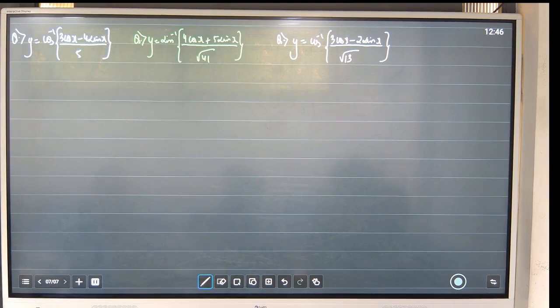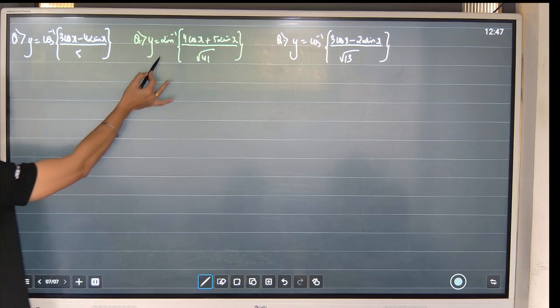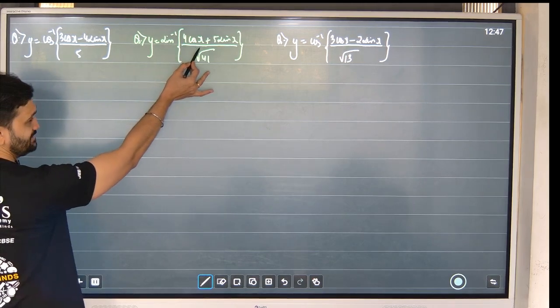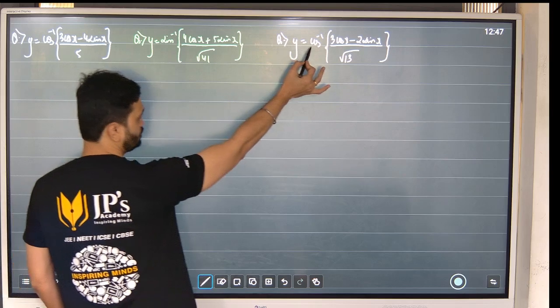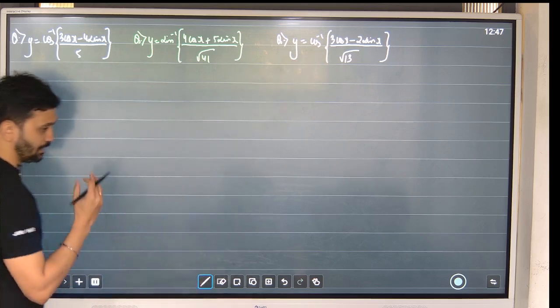So, you're going to take a decision depending on which inverse trigonometric term is outside. If cos inverse is outside, try to make the bracket inside a formula for cos. In the second example, sin inverse is outside, so try to make this as sin. And here there is cos inverse, so try to make this as cos. How?